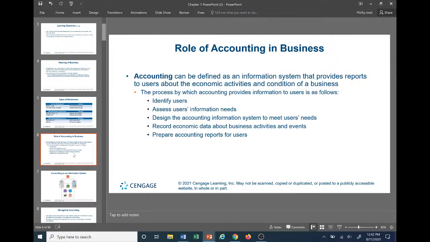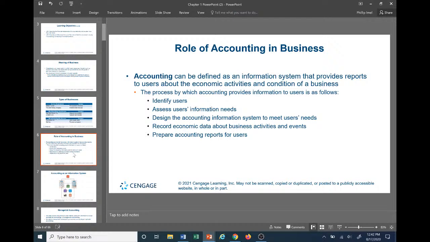The first thing we want to do is identify the users, because that's important for assessing the users' information needs, because all users are different. So we have to assess what users' information needs are. Then we obviously want to design the accounting information system to meet the users' needs, right? What good is a system if it doesn't relate to the users' needs? So we want to make sure those are in sync with one another. And we are going to record economic data about business activities and events.